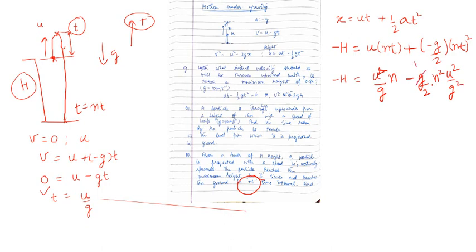The g cancels out. This comes out to be minus h equals n u square by g minus n square u square by 2g.